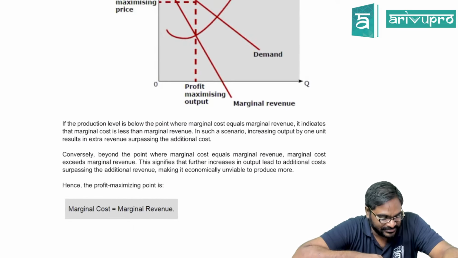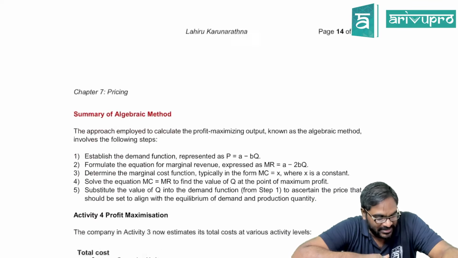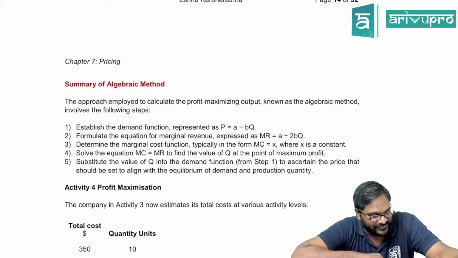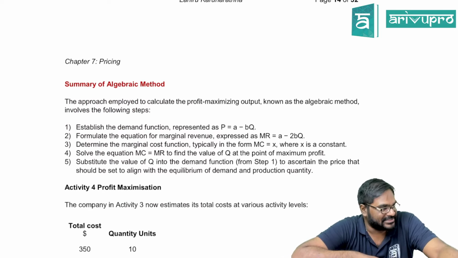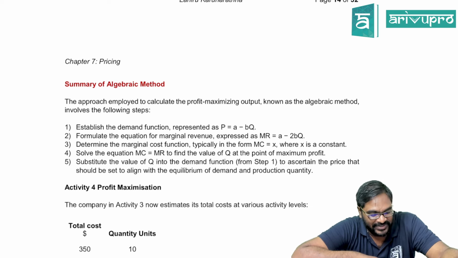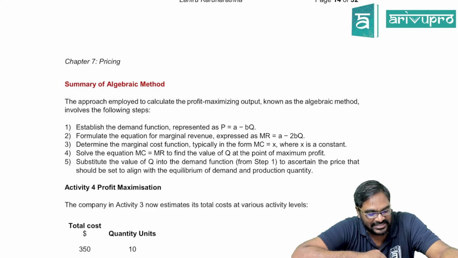Then how do we go ahead with something like this? First of all, establish the demand function. That's what we did. P equals A minus BQ. Then figure out the marginal revenue. So MR would be A minus 2BQ.